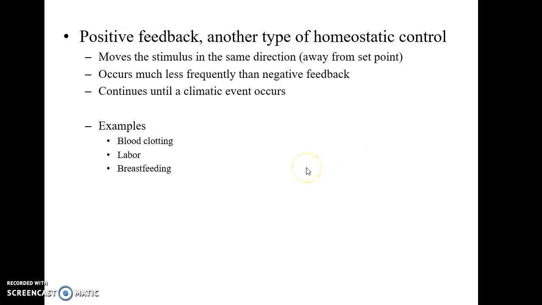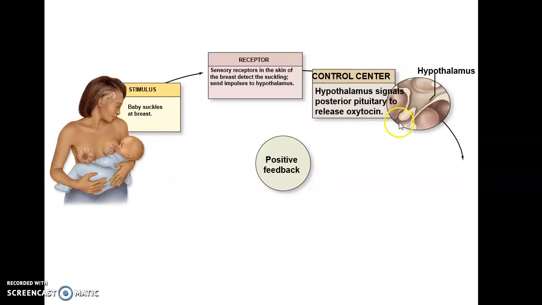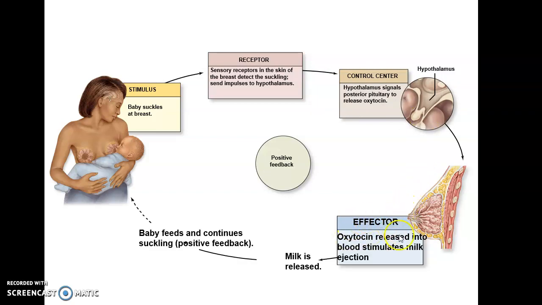So the stimulus, the infant suckling on the breast, there are sensory receptors in the skin that are able to detect this stimulus and send information to the hypothalamus. Hypothalamus within the brain will then send signals to the pituitary gland to release a hormone called oxytocin. And that hormone stimulates the release of milk.